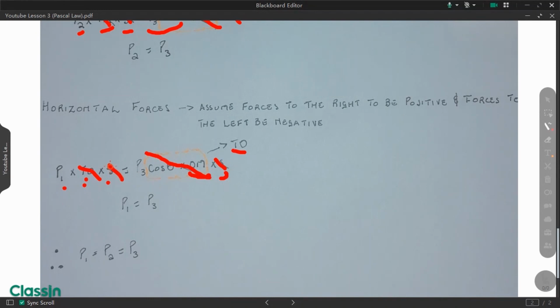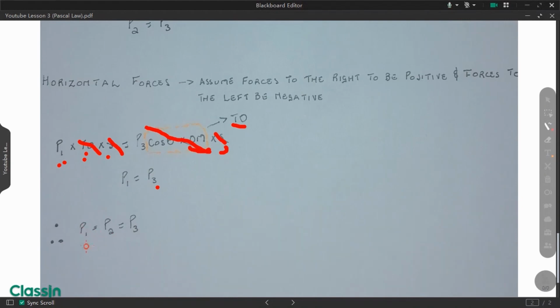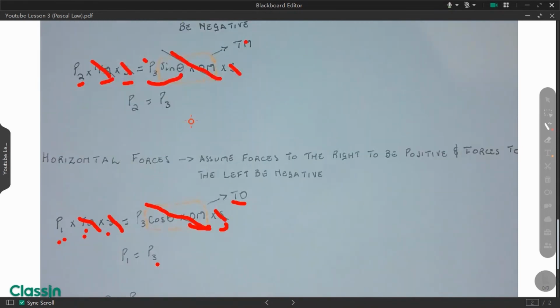So now we know P1 is equal to P3. Therefore, P1 is equal to P2 is equal to P3, because P3 is equal to P2. So what we just did is prove that the pressure intensity at any point in a liquid at rest is the same in all directions.